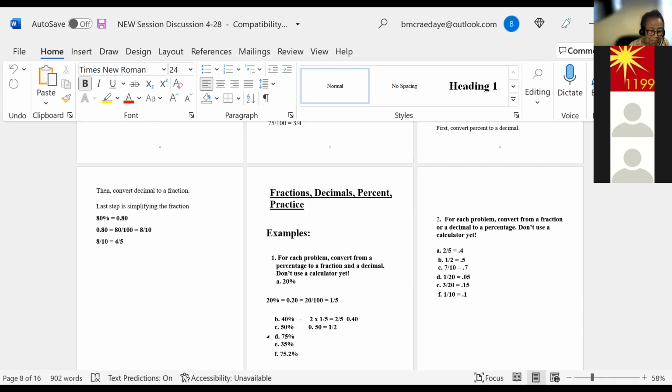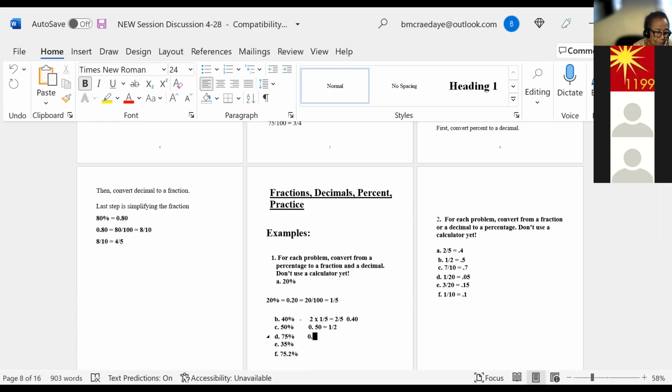That's it. 50 over 100 is 1/2. But that's one you know already, so you don't really have to go through the calculation. Sometimes when I see 0.50, I get doubtful. But it's 5/10, and 5/10 is half, right? 50 over 100 equals 5/10. 5/10 is 1/2.